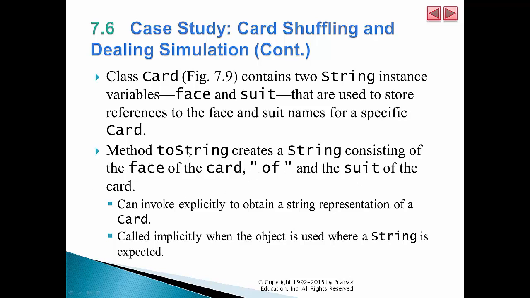Or if the face is Jack and the suit is diamonds, it has to say Jack of diamonds. This way we know which card it is, and we can work with this card to implement a particular game, let's say poker or blackjack, whatever game you like. You can implement it using this simple notion.